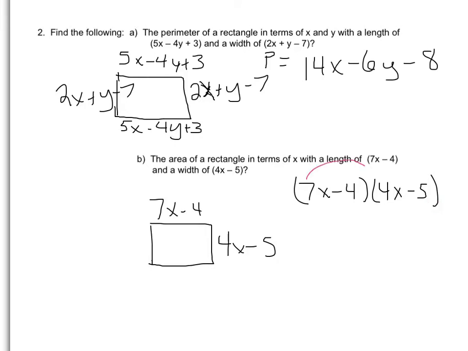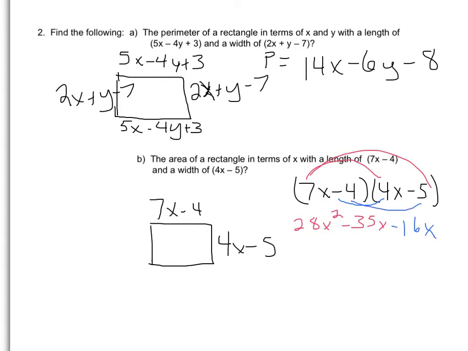So 7x times 4x is 28x squared. 7x times negative 5 is negative 35x. And negative 4 times 4x is negative 16x.